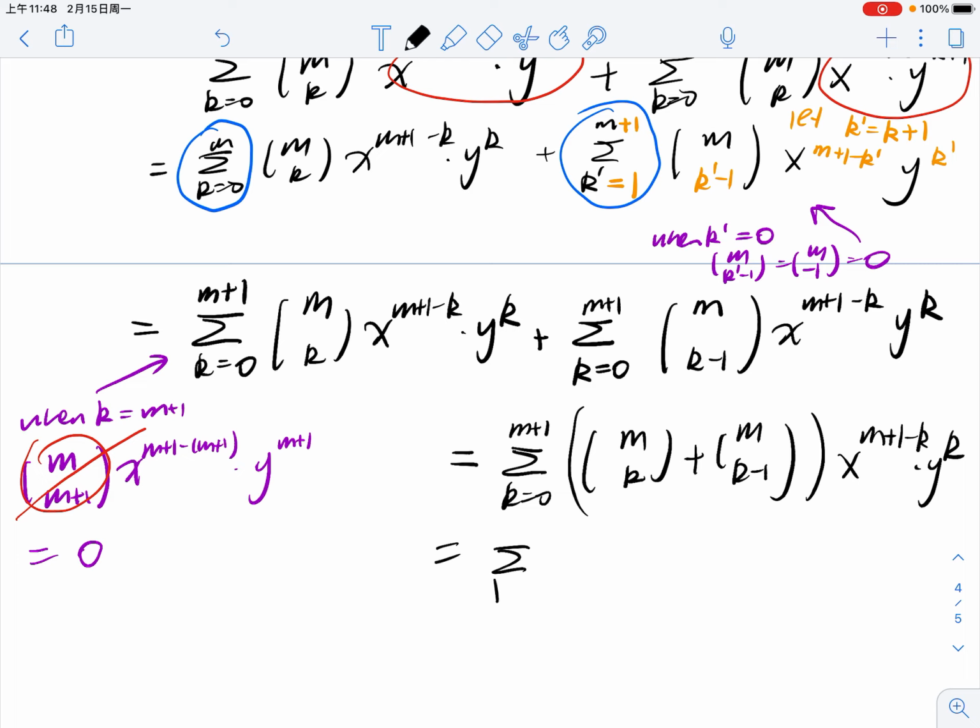So that gives you summation for k from 0 to m plus 1, m plus 1 choose k, x to m plus 1 minus k times y to k's power. This is exactly the formula we want for induction.